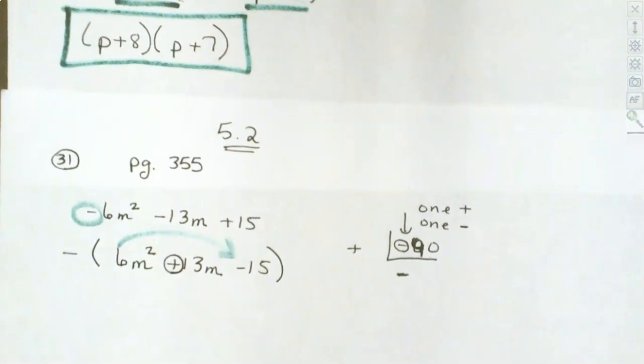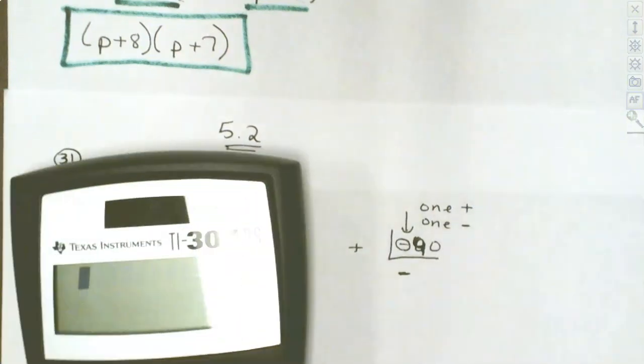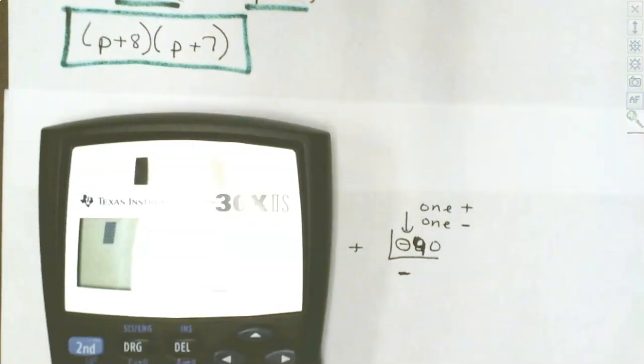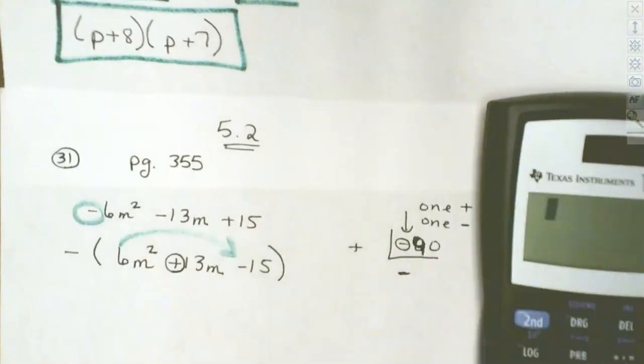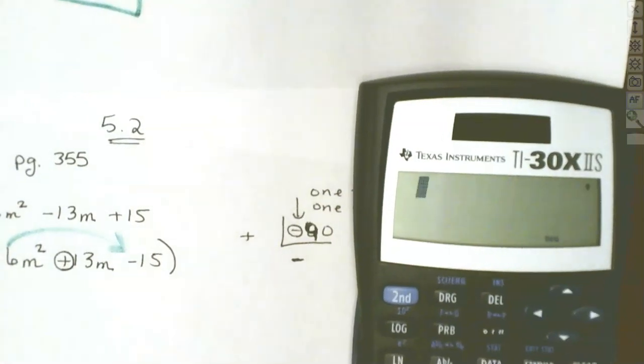Now, what do we know about the numbers? We know the middle is positive, so the larger number is positive, smaller number is negative. How do we find the numbers? Well, where we begin is we look at the number inside the box, and we look at 90. Now, what do we know about 90? 90 ends in a 0.